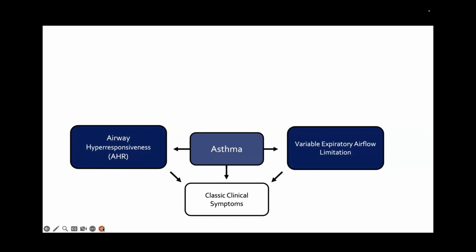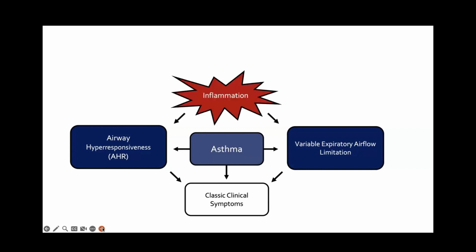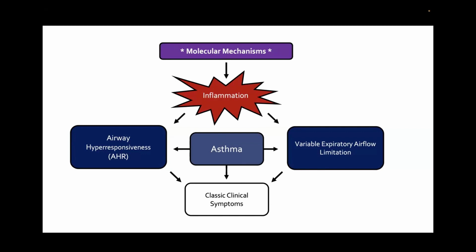But so this slide shows the key features of asthma: airway hyperresponsiveness and variable airflow obstruction, which leads to symptoms. And this is related to inflammation. So this is the definition that people use of asthma. And really what has happened is that over time, the type of inflammation, or what we would say is the endotype of inflammation, has become the driver of a lot of research into the pathogenesis of asthma and how you decide about treatments and so forth.